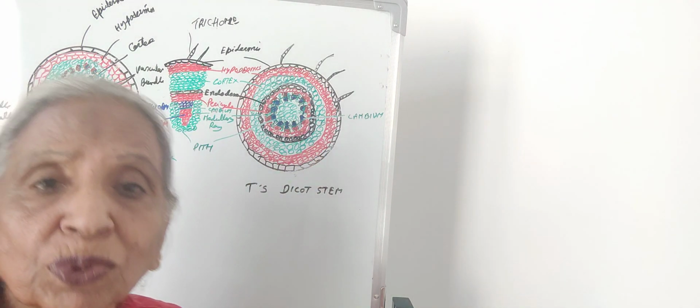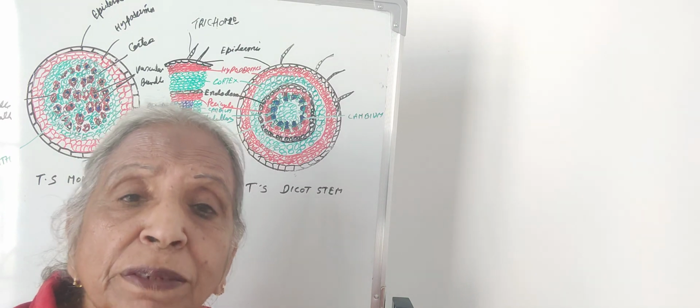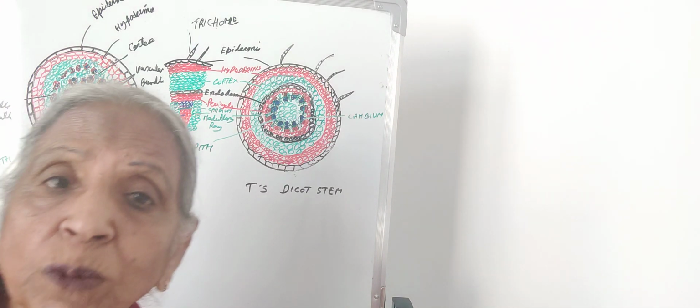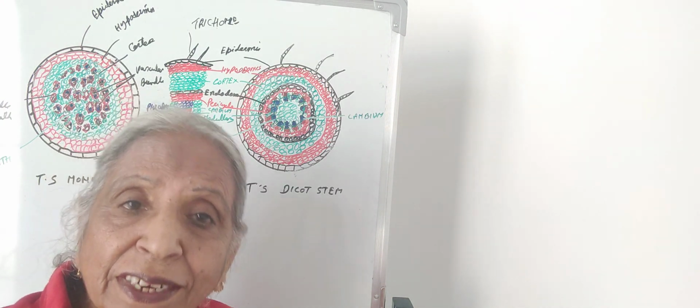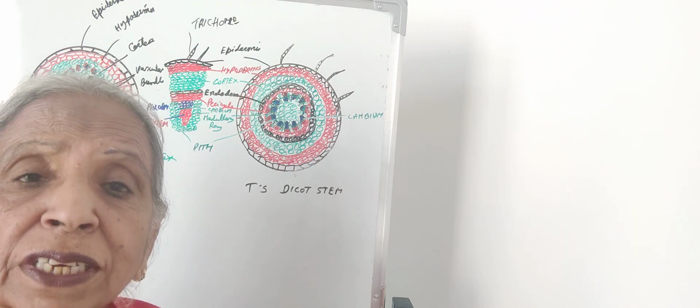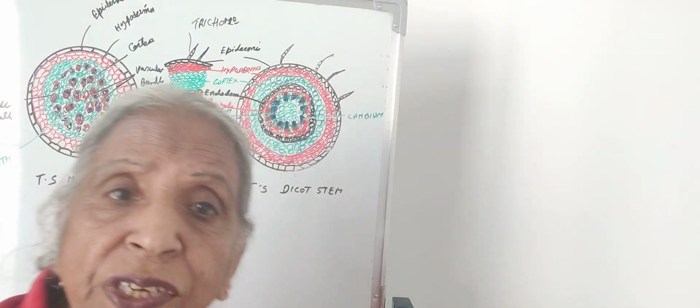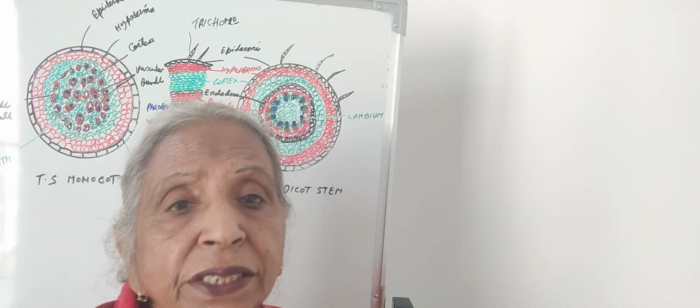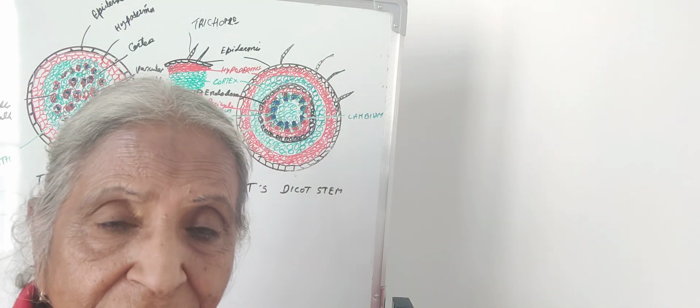When much more xylem wood is added inside, epidermis and cortex will be broken, and there is necessity to protect the inner cells. So some of the cells of the cortex get differentiated and form the cambium. They divide and divide to form the cork cells.